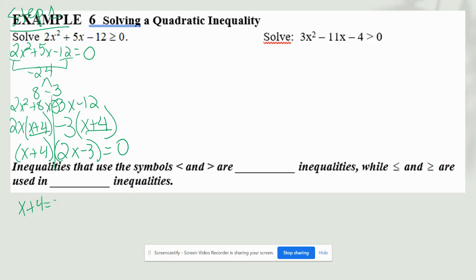So x plus 4 is equal to 0. 2x minus 3 is equal to 0. We have x is equal to -4 and positive 3/2.